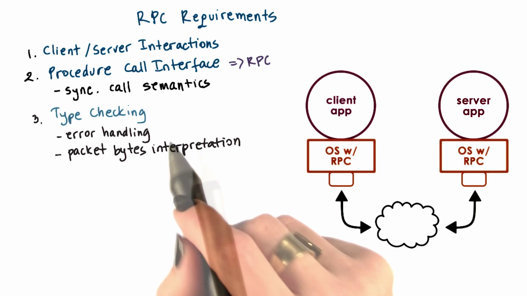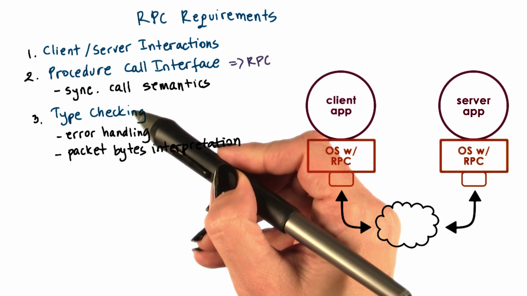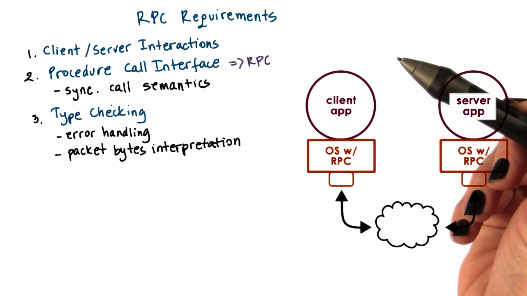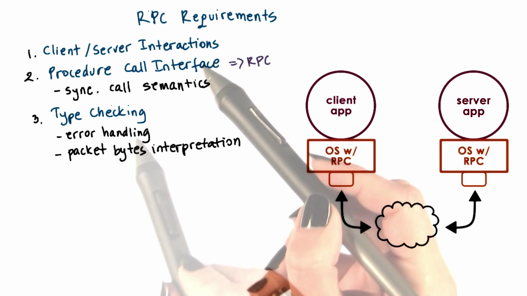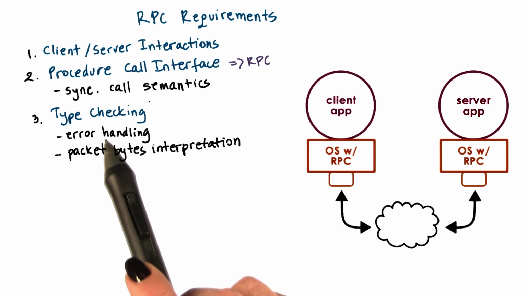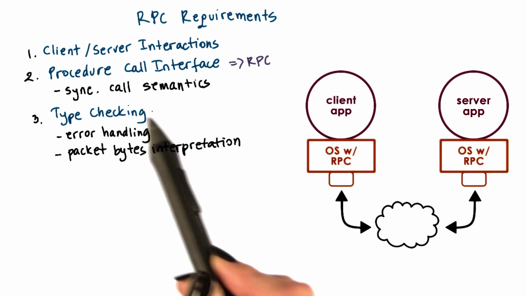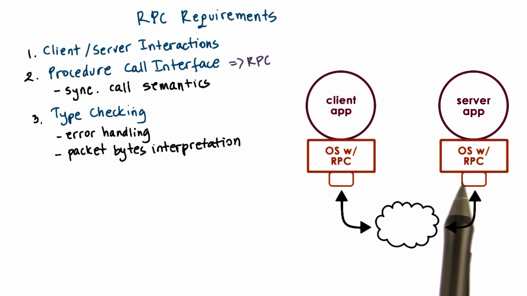systems as well. RPCs have other useful features that are similar to regular procedure calls, and one is type checking. If you pass to a procedure an argument that's of the wrong type, you'll receive some kind of error. So this is one useful reason why RPC systems would incorporate type checking mechanisms. In addition, type checking mechanisms are useful because they allow us in certain ways to optimize the implementation of the RPC runtime.